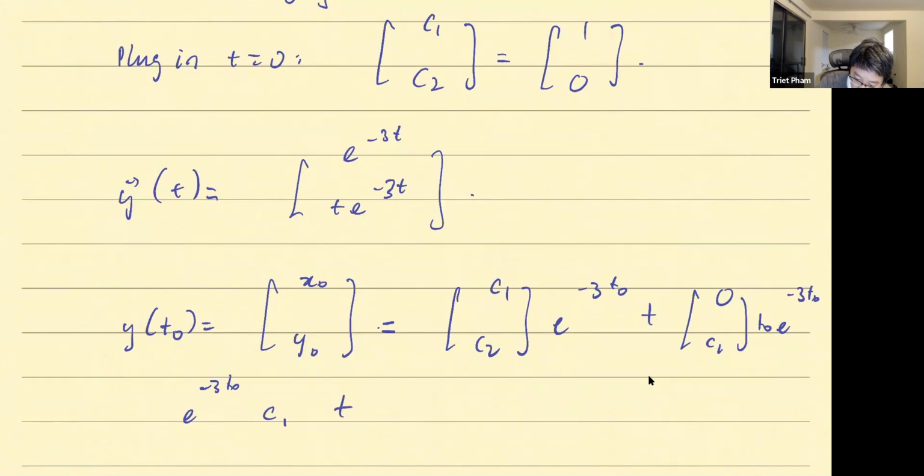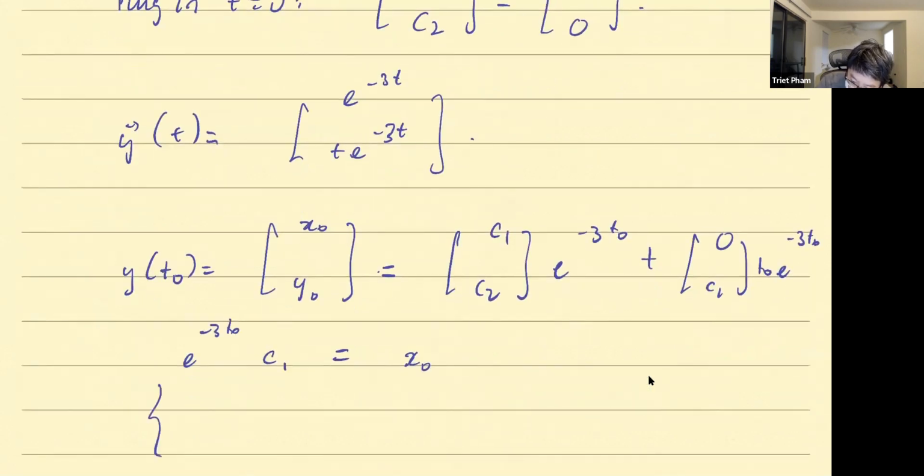So actually here is still fine, but it's still ugly. Is equal to x0, and then you get c1 t naught e to minus 3 t naught plus c2 e to minus 3 t naught equals to y0, and you get c1, c2.